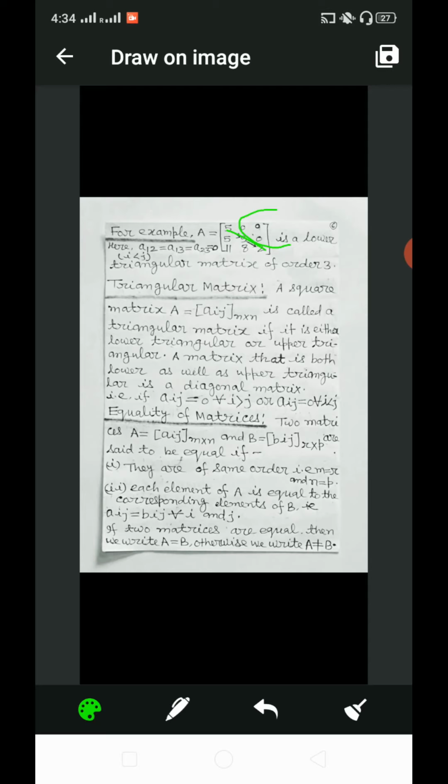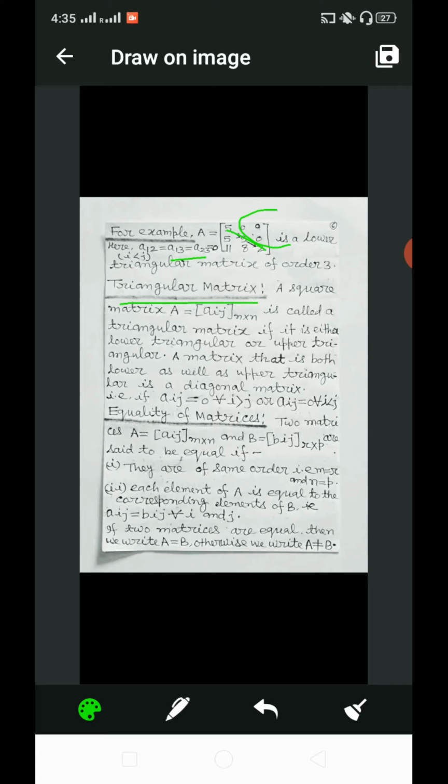Dear students, here the elements A12, A13, A23 all are equal to 0. Here we see that i less than j, means 1 less than 2, 1 less than 3, 2 less than 3. Now we discuss triangular matrix.